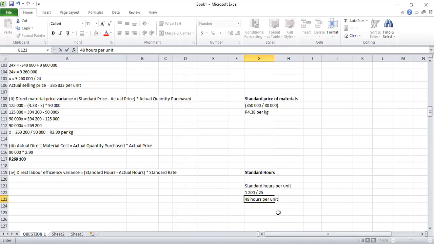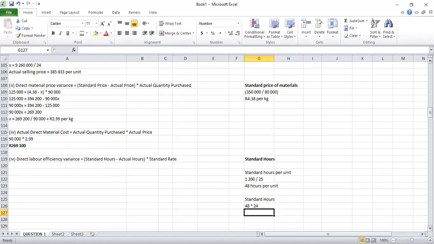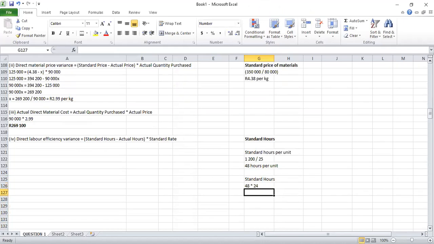So then our standard hours would be 48 times what? 24 units. Remember, they actually produced 24 units. What do we get? 1,152. So these were the standard hours that they were supposed to spend.